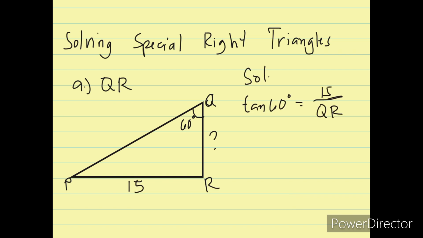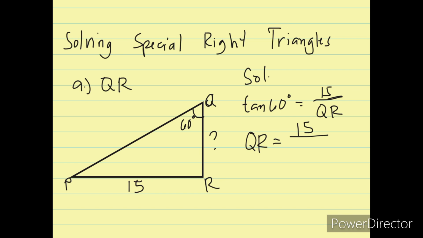So QR is equal to 15 over tangent 60 degree. Next, our QR is equal to 15 over square root of 3.